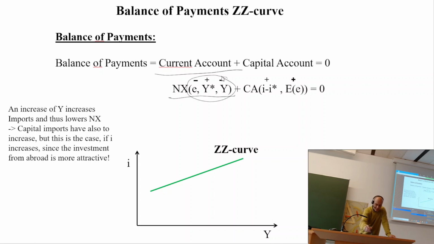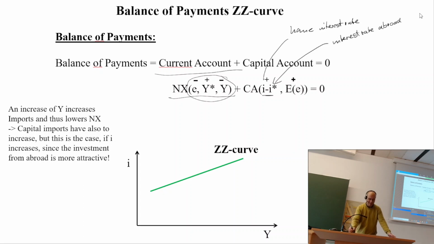There we know the dependence, and capital flows, of course, will depend on the interest rate differential: i, the home interest rate, minus i star, the interest rate abroad.